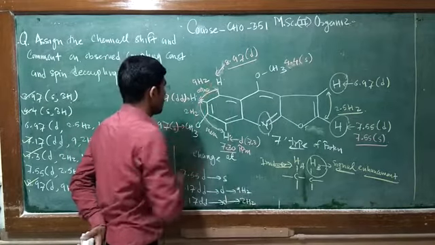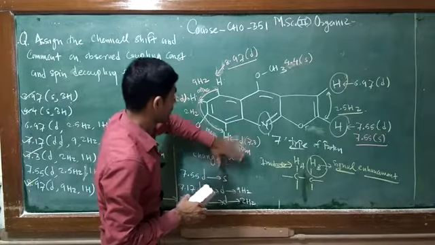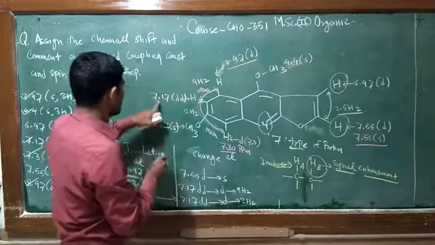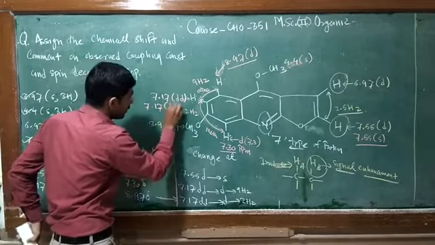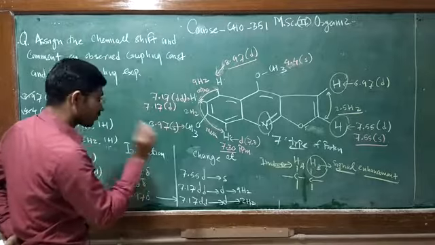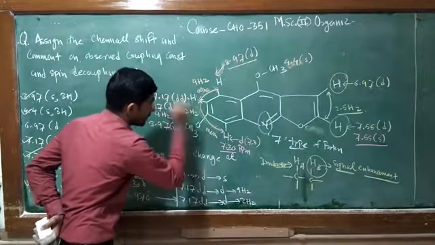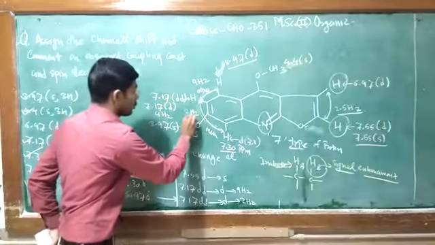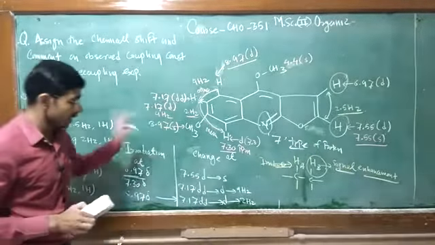But after irradiation at 7.30 ppm, the 7.17 signal remains only a doublet with ortho coupling, that is 9 hertz. Meta coupling, the 2 hertz coupling, is not possible, so we call it 7.17 doublet, 9 hertz.